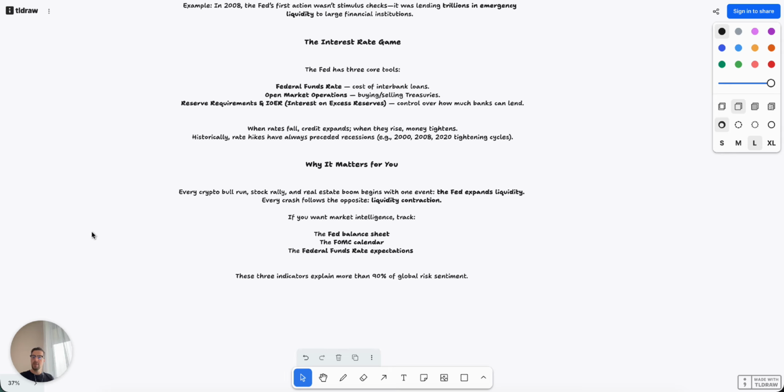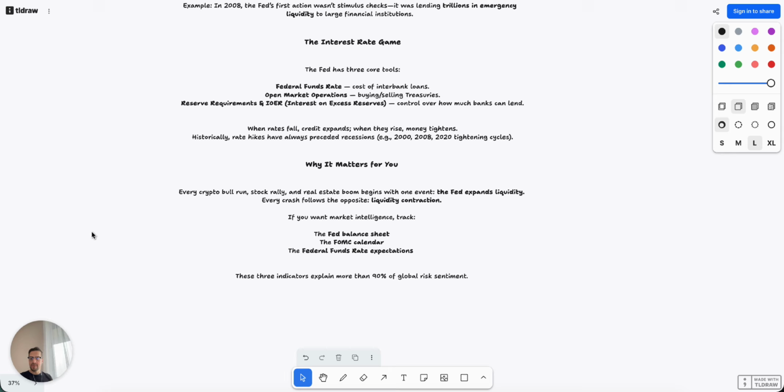Okay, so if you want the real market intelligence, you should monitor and constantly follow and track the Fed balance sheet, okay, the FOMC calendar to know what's happening when, especially the interest rate decisions, and then the federal funds rate expectations, whether they're planning to cut, maintain, or increase the rates.